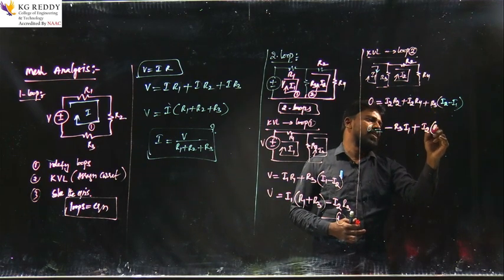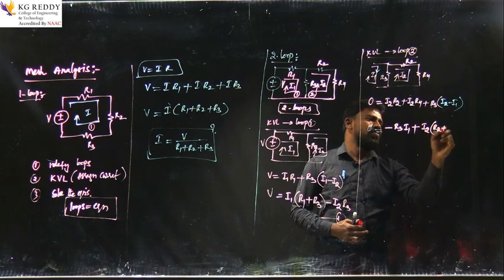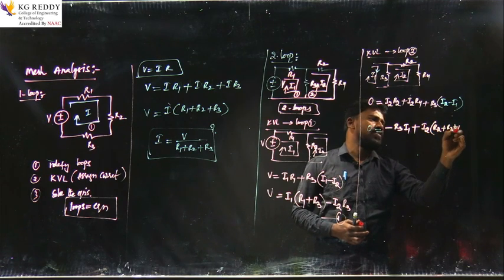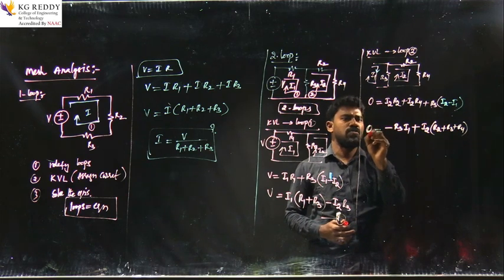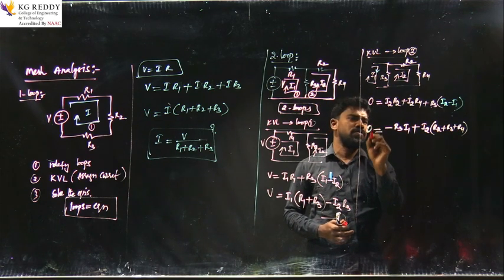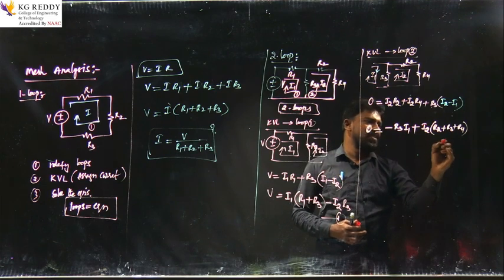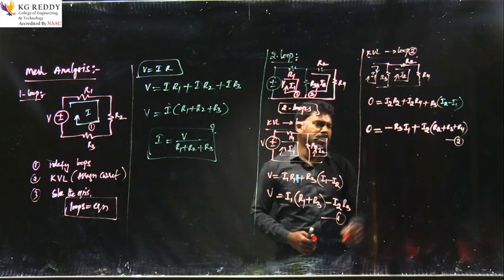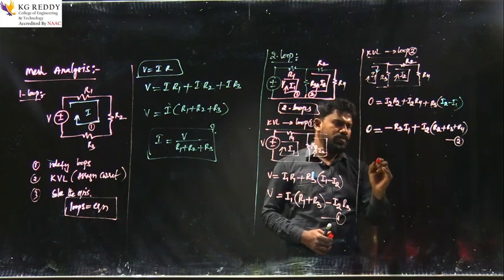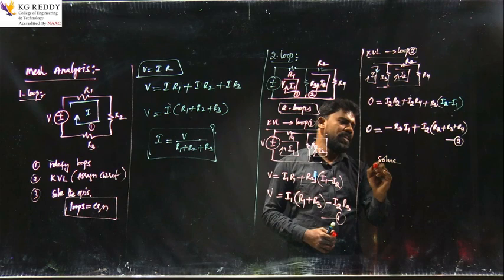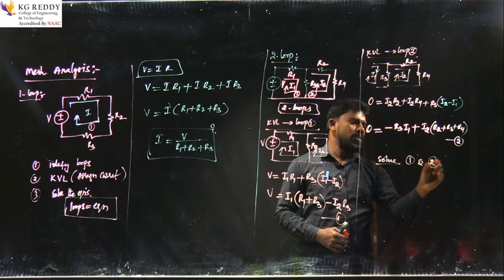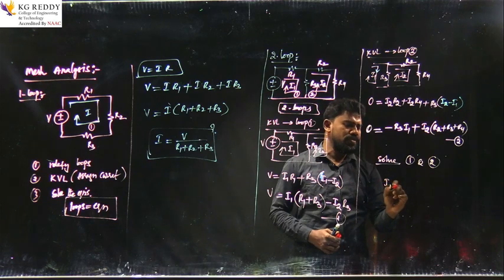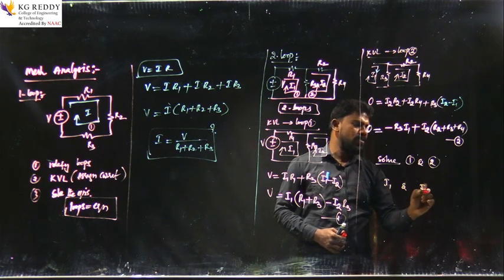So directly I am writing R2 plus R3 plus R4 times I2, and it is equal to 0. So this is equation 2. You can simplify equations 1 and 2, and you will get the currents I1 and I2.